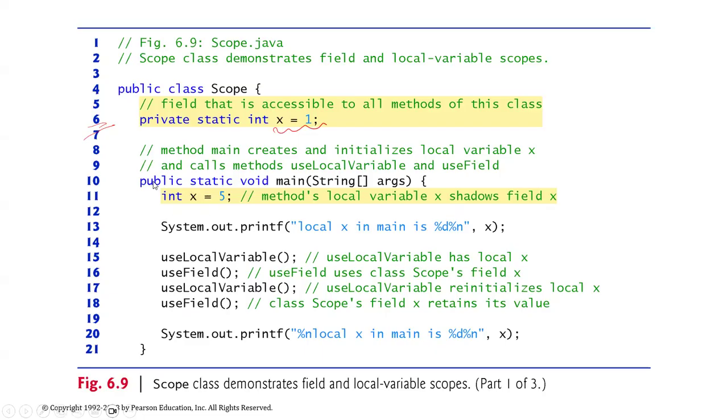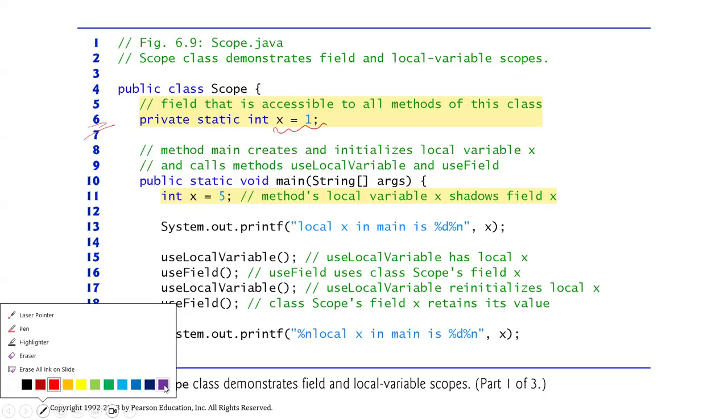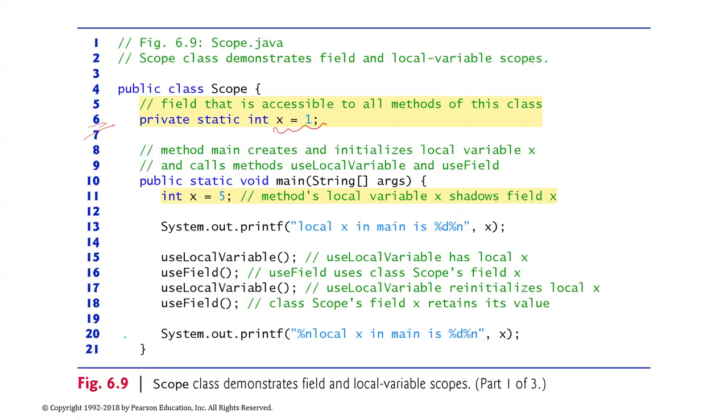Let me change the color. Since it's declared at line 11, we should find out where the end of the main method is. As we can see, 20 is the end of the main method.